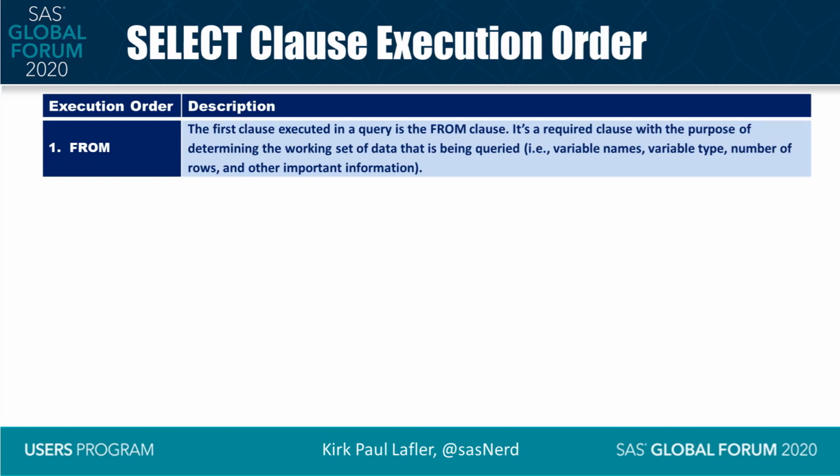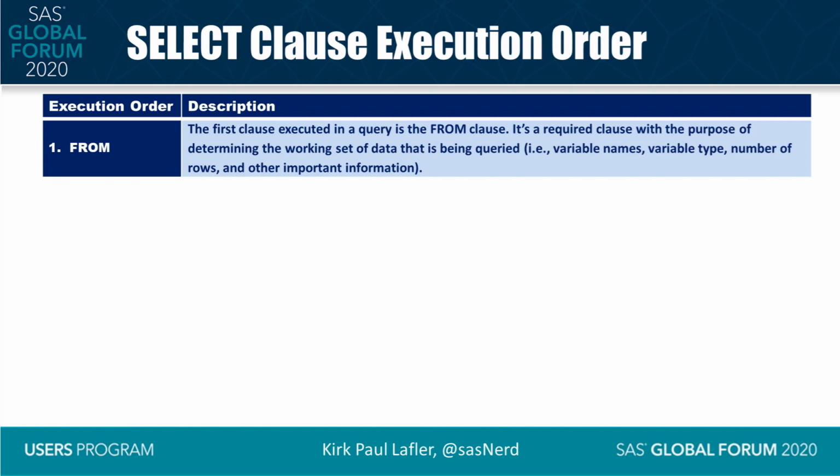Now, what is the difference between these clauses? The execution order is different than the way we specify the clauses. The from clause is the only required clause with the select statement.